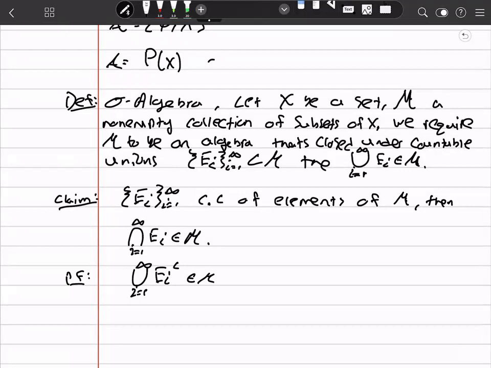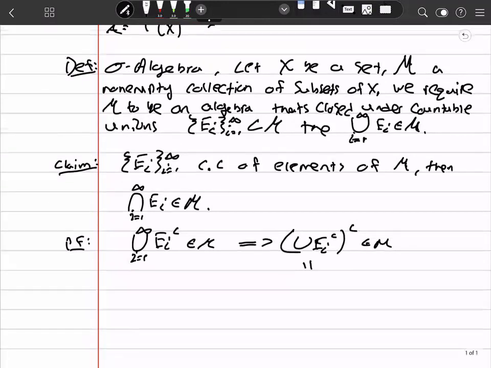But since this is in M, we also know that its complement is also in M. So this implies that the union of E sub i complement, and we take the complement of that whole element, is again going to be in M. But by De Morgan's laws, this implies that the intersection of E sub i complement is in M. But of course, that's just equal to the intersection of E sub i, and that's in M. So we see we have some nice properties of sigma algebras.